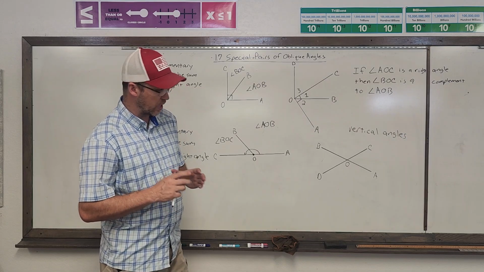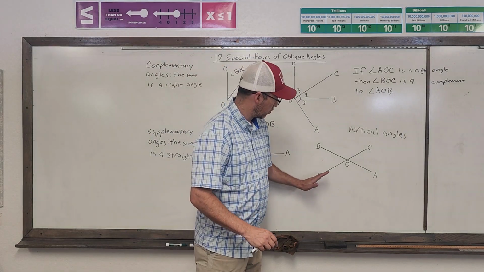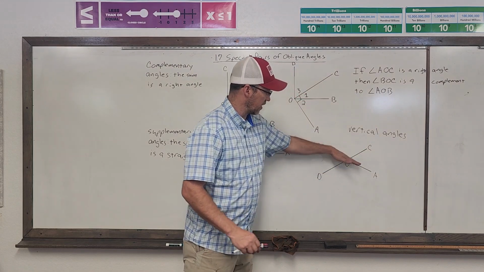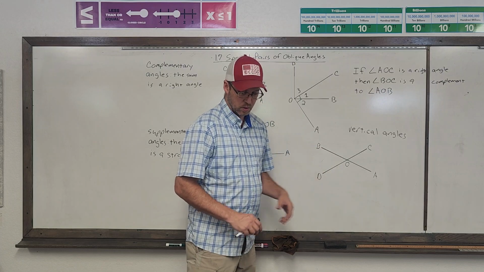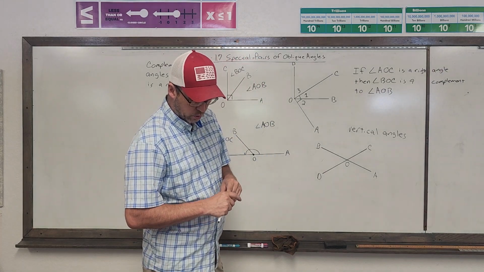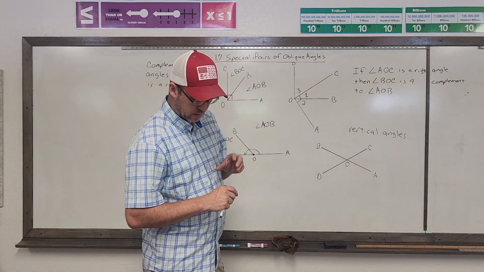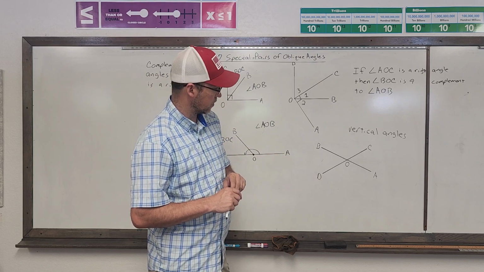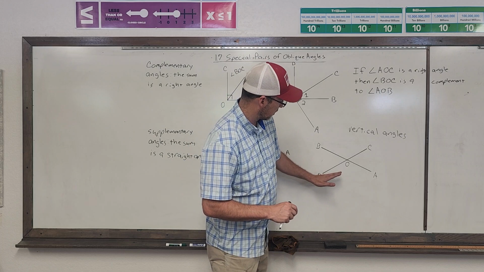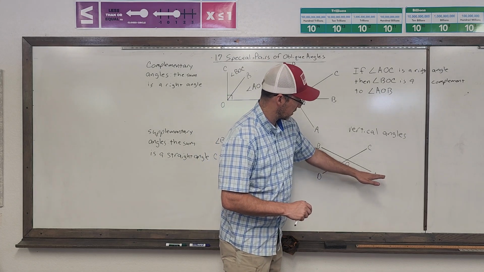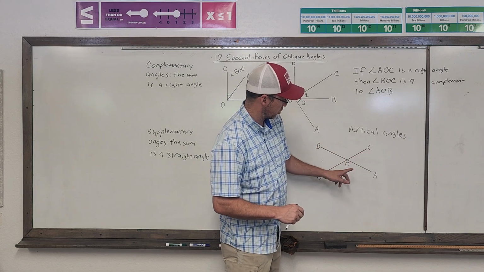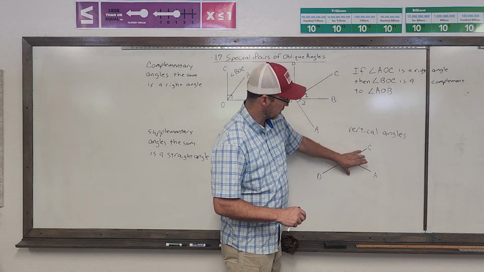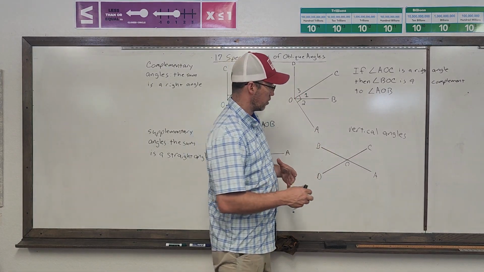When two straight lines intersect, so you have line C to D and line A to B, and they intersect at point O, the two angles not adjacent are vertical. We talked about adjacent angles: angle DOA is adjacent to AOC because they share a common side and a vertex. If they're not adjacent, then they're vertical to each other.